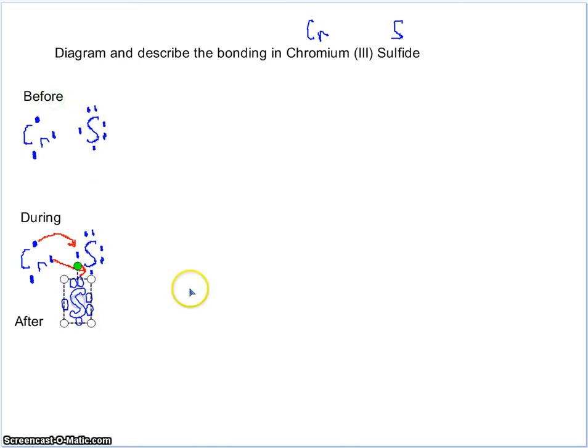So I'm going to make another sulfur here, and now the chromium gives its last one. Now the chromium has a full shell underneath here. You can't see it, but it's there. And each sulfur is full, but actually it's not. This one's not full. So that means I actually need another chromium.